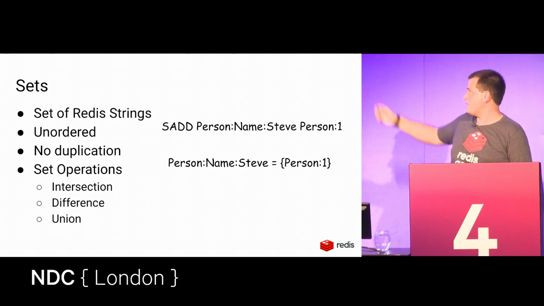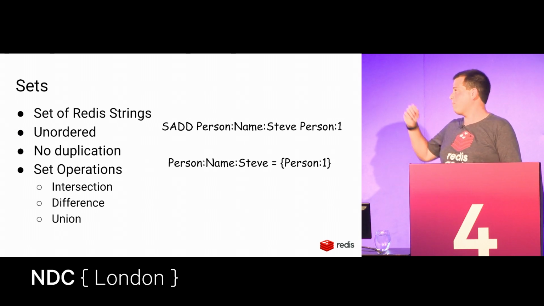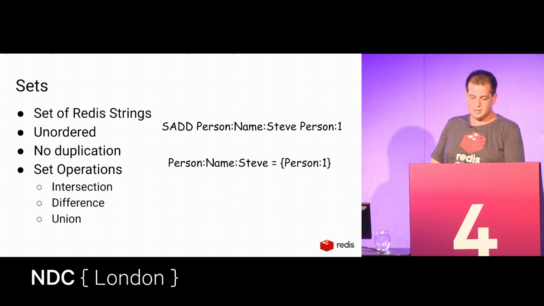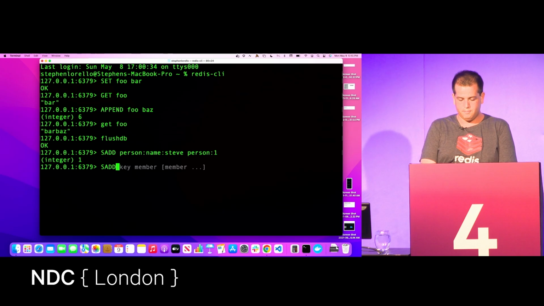So in this example right here, we have SADD person:name:Steve, and I'm inserting person:1. With sets, I can do SADD person:name:Steve person:1, and I can do SADD person:name:guy person:2.